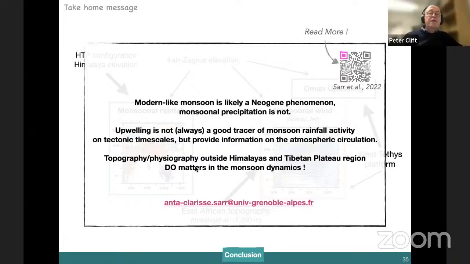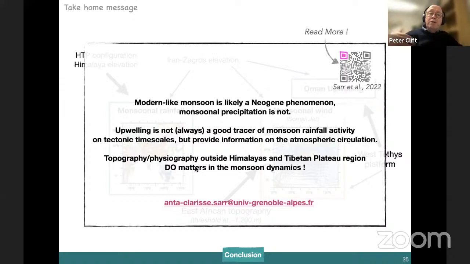The importance for the upwelling in Oman is quite interesting, isn't it? That's quite dramatic. I wondered if you could say something about your thoughts on the Indonesian throughflow.